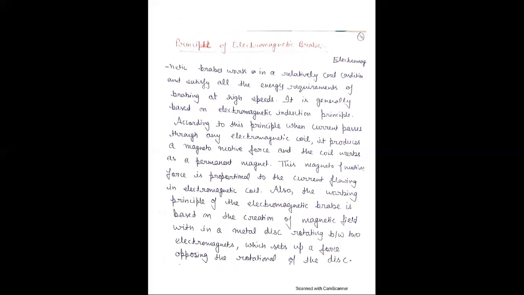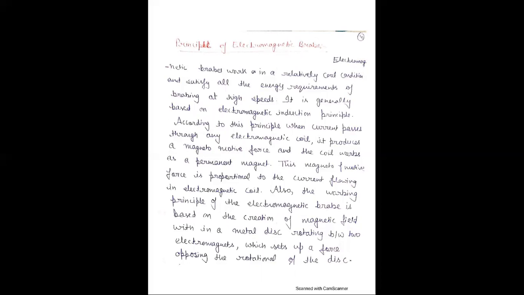Basically, electromagnetic brakes work in relatively cool conditions and satisfy all the energy requirements of braking at high speed. The electromagnetic system is generally based on electromagnetic induction, and we know that electromagnetic induction means if we apply a magnetic field, then there is an induced EMF.